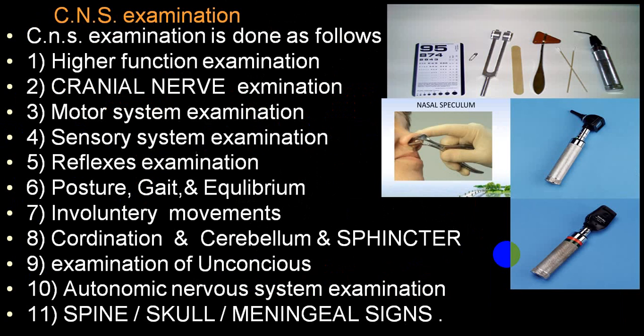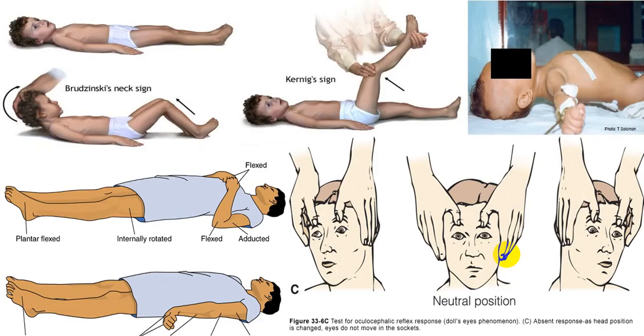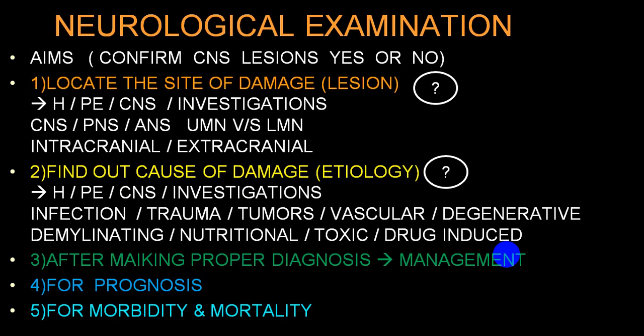The standard CNS examination will include higher function, cranial nerves, motor system, sensory system, reflexes, posture, gait, equilibrium, involuntary movement, coordination, cerebellar examination, sphincter, examination in an unconscious person, autonomic nervous system, spine, skull, meningeal signs, etc. These are all the things we examine.